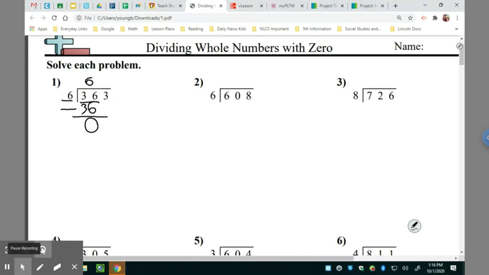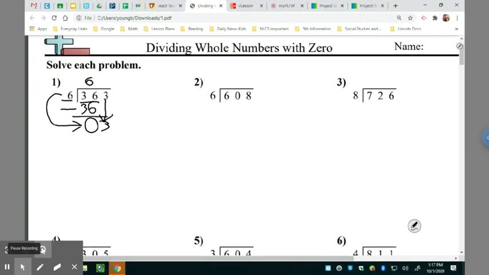Now, what's our next step, Gavin? We subtracted, so we bring down the 3. Draw the arrows so that you guys know that you brought down a certain number. Once we bring down, Gavin, we go all the way to the top and do it again, but we just use this number right here now.